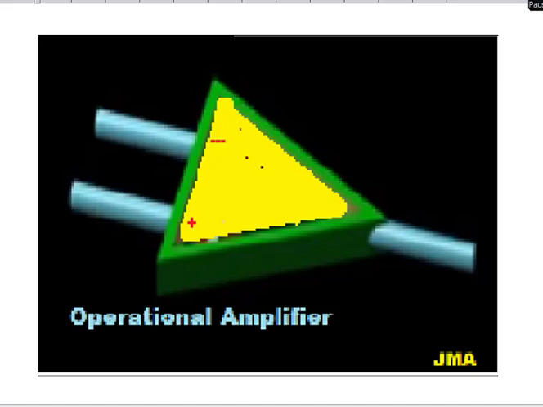In this class, we see the applications of the operational amplifier, the applications of the IC741.